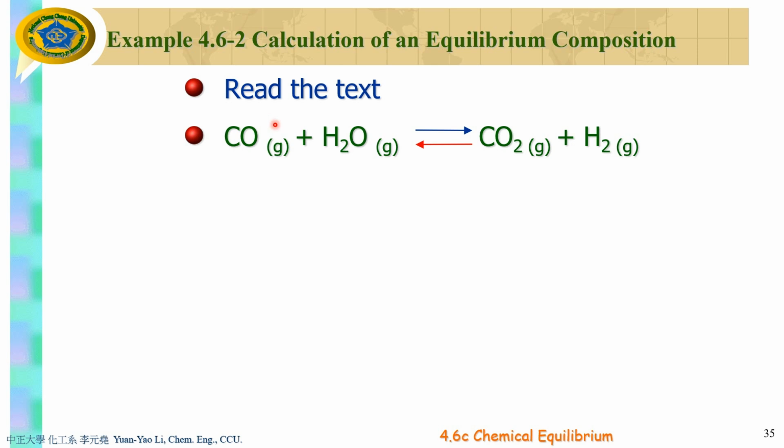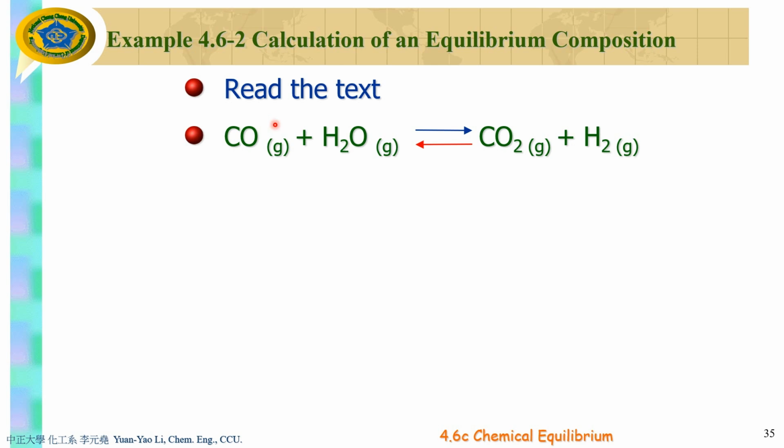The first step in such processes often involves conversion of the fossil fuel to a mixture containing carbon monoxide and hydrogen, followed by the water-gas shift reaction, which adjusts the ratio of these species to a desired value. So in the chemical reaction, you can see CO plus H2O becomes CO2 and H2. This is a reversible reaction, right?